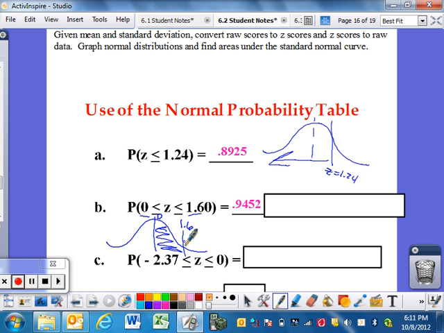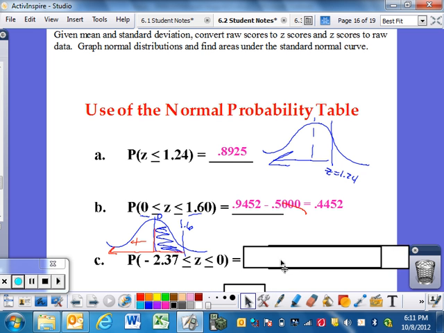So 1.6, this 94.52%, is the information from this line all the way over. Well, I don't want this, so I need to subtract whatever that number is away. Hopefully you know, and you shouldn't even have to find it, that the mean, or Z-score 0, is exactly 50%. It's half of it. So I subtract it away and I get 44.52.